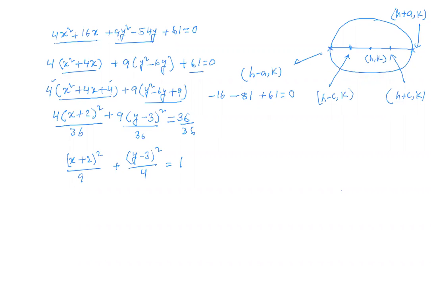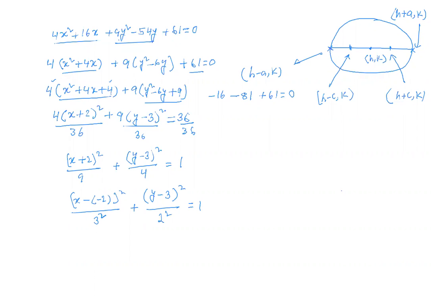Well, I'm going to go one more step. I'm going to write (x minus -2) whole square over 3 square, since 9 is 3 square, plus (y minus 3) whole square over 2 square is equal to 1.